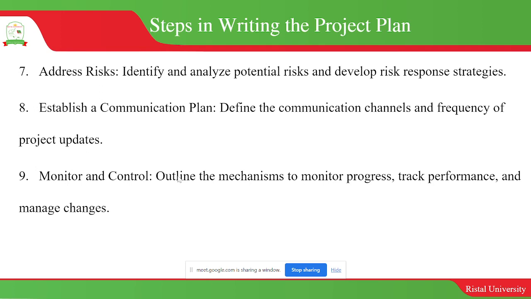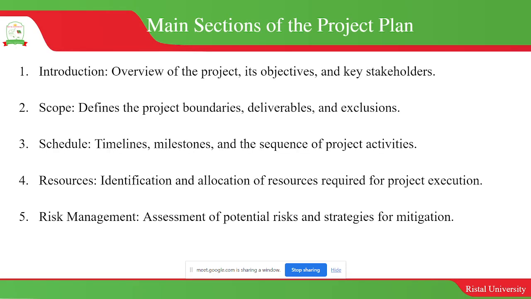So you need to create a schedule, identify the risks, and be able to put down strategies to mitigate them. Have a clear communication plan, and then obviously have a strategy of monitoring and controlling. That means that you need to be able to know whether you are on track or not, and what changes you can make to ensure that you are on the right track in the implementation.